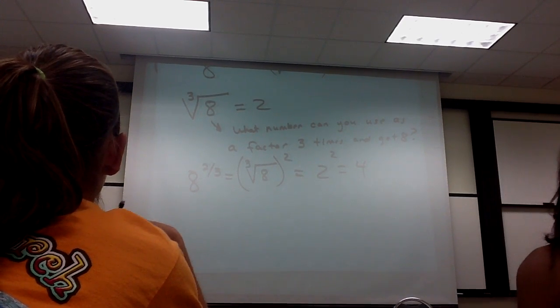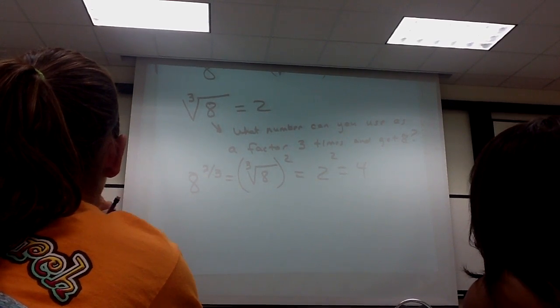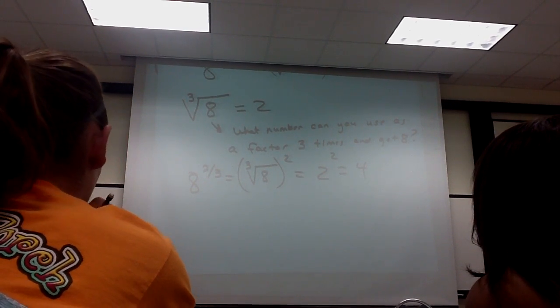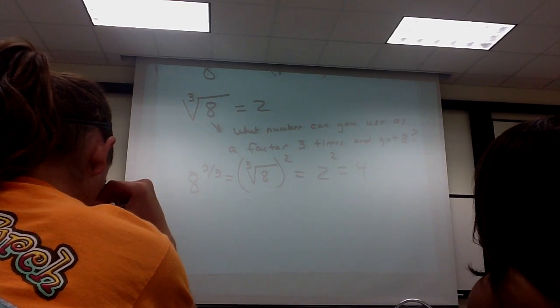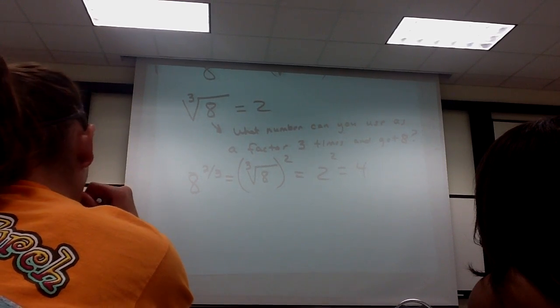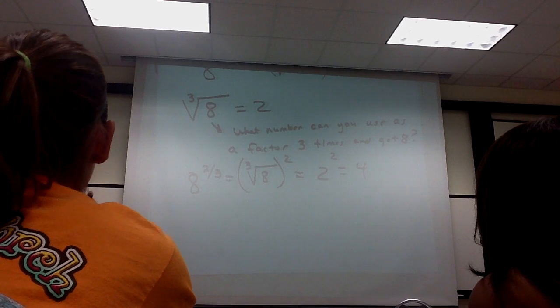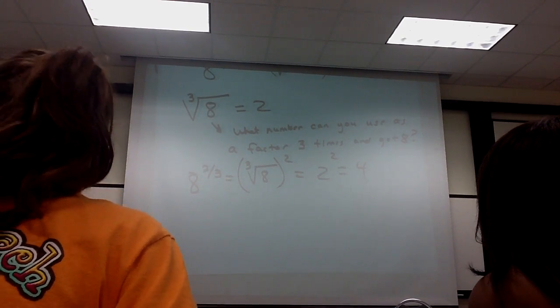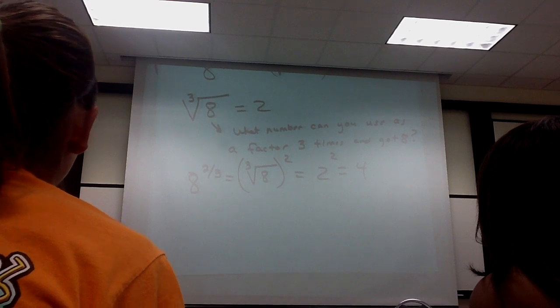So see if you can get 8 to the 2/3 is 4. Open and close those parentheses with 2/3 in the middle. See if that'll work. Anybody having an issue with that? Get it? Okay? Everybody else okay?